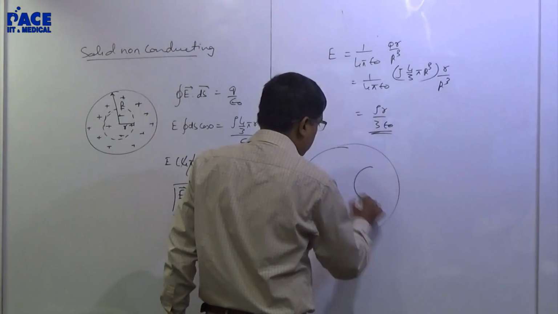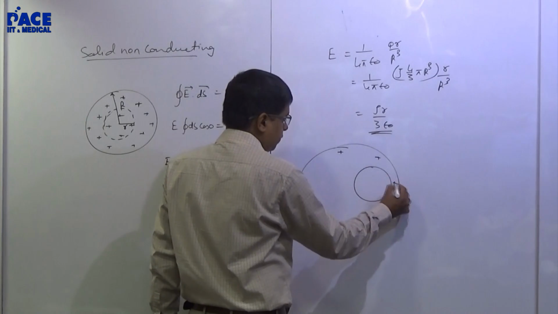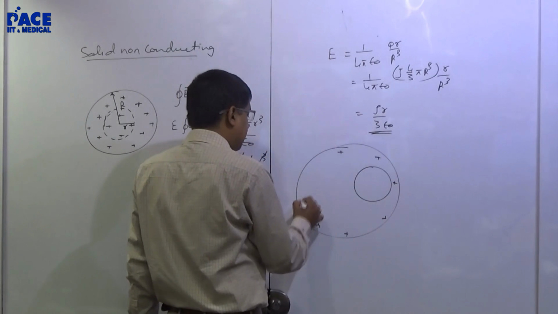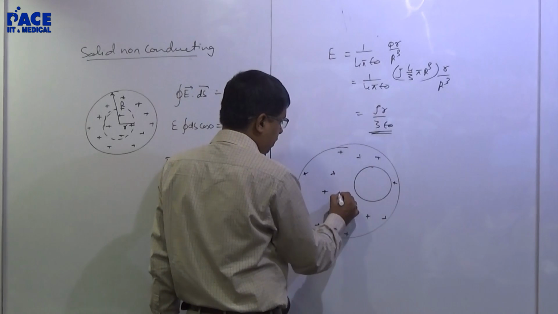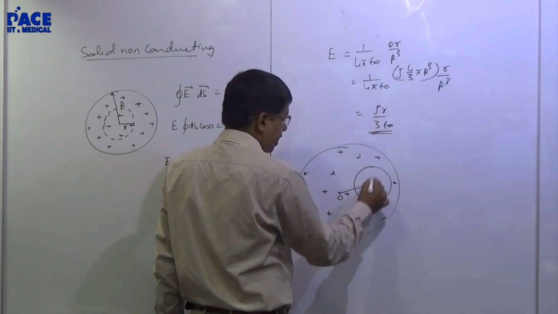Inside a cavity, what will be the field? That R will be the distance between the two centers of the sphere. This is O to O dash.